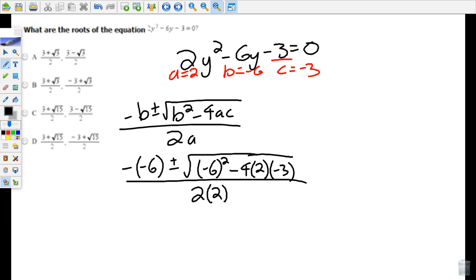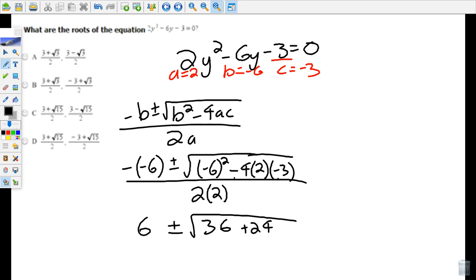So if I just clean it up, we'll have a positive 6 here, because a negative 6 makes a positive 6. The square root, negative 6 squared will be a positive 36. 4 times 2 times negative 3, that's going to be 8 times negative 3, which is negative 24, so it becomes plus 24, because minus a negative number will make it positive.